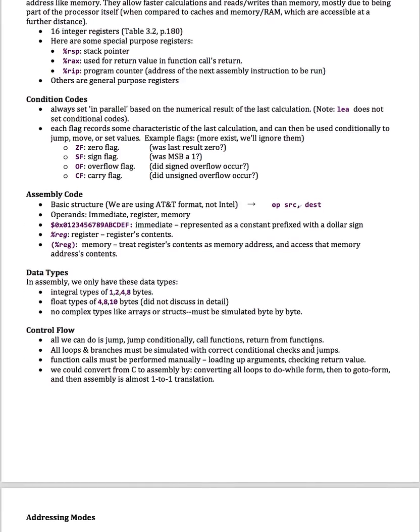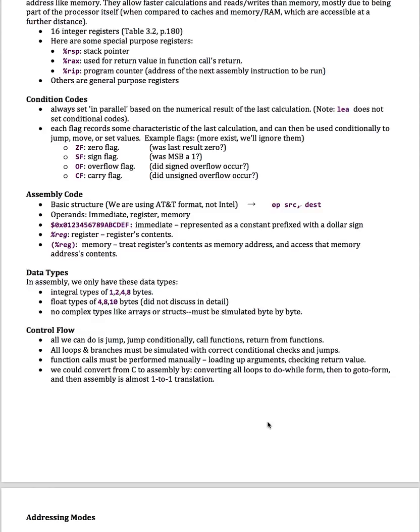And we also talked about control flow. In assembly we only had jump conditionally, or call functions, and return from functions. In other words, we did not have sophisticated loops or branches, like while loop or for loop or if else statements in assembly.